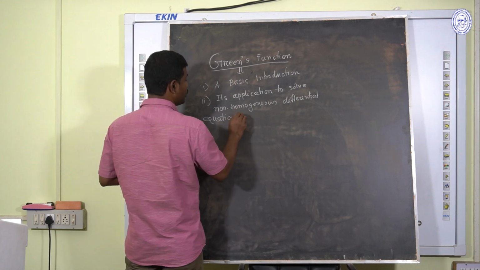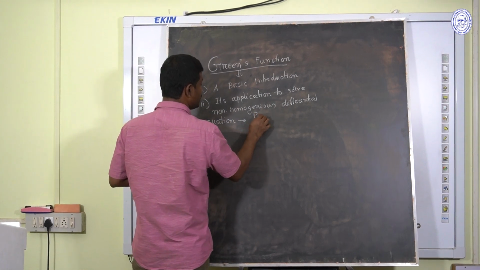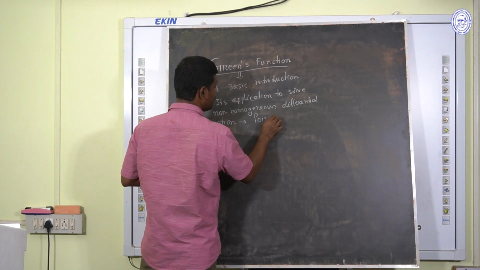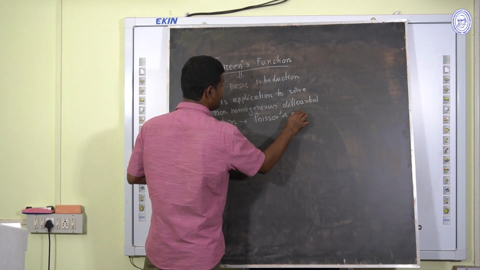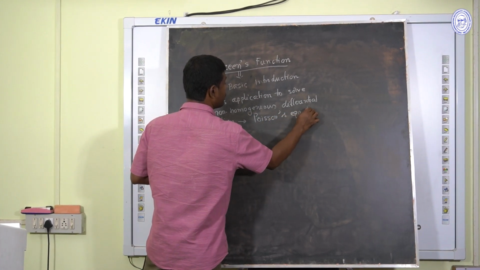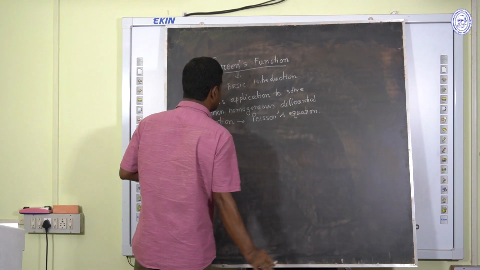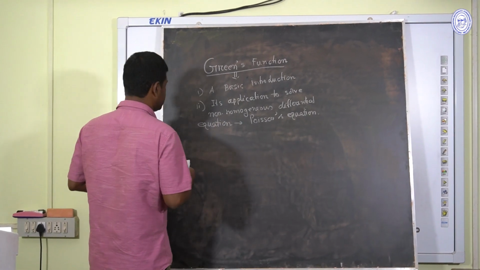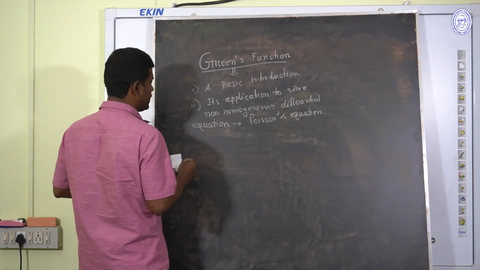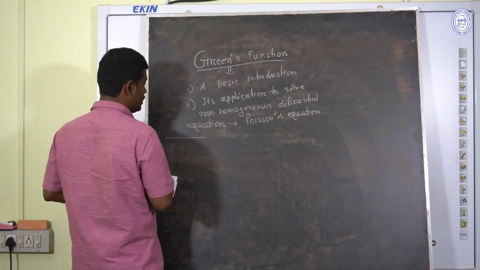As an example, we will take Poisson's equation. First of all, we will discuss the homogeneous and non-homogeneous differential equation.